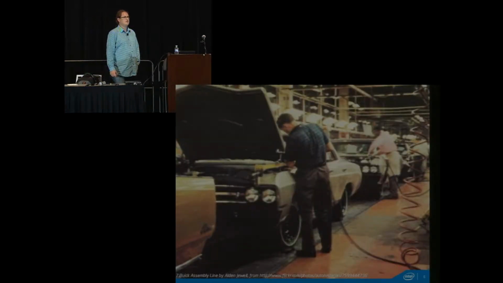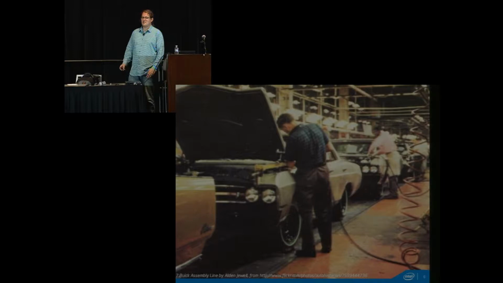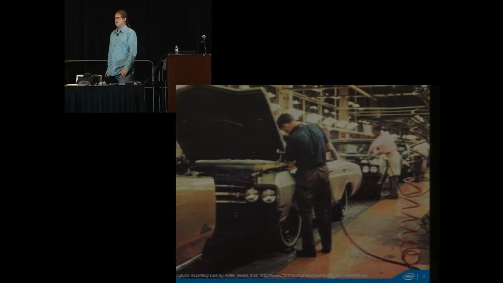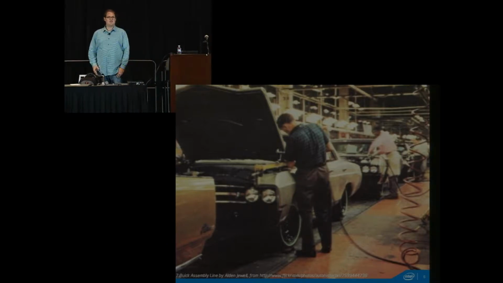Here's an example: car manufacturing. You have multiple workers, and each of them is building a car. They're all doing the same task, which is building a car, but they're building multiple cars at a time, and there are multiple entities working at a time. So this is an example of a parallel system. Whenever I say parallel computing, think of this picture.